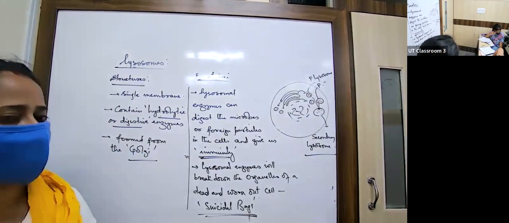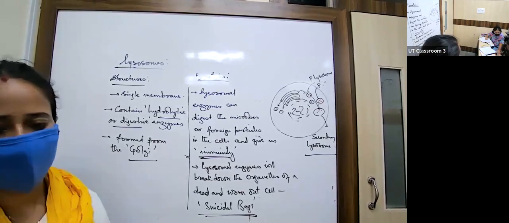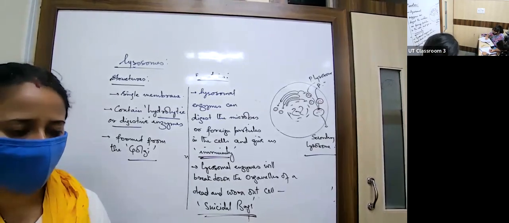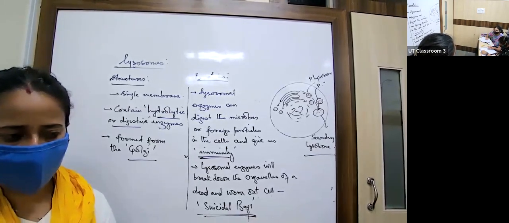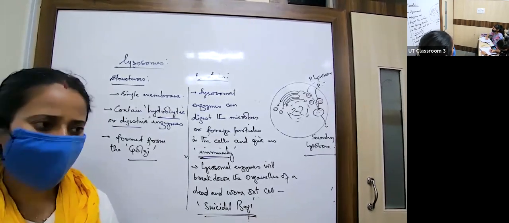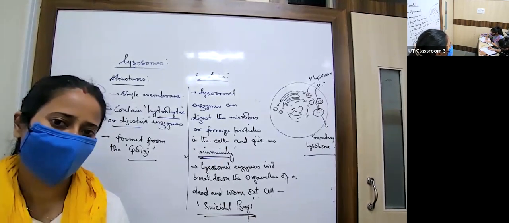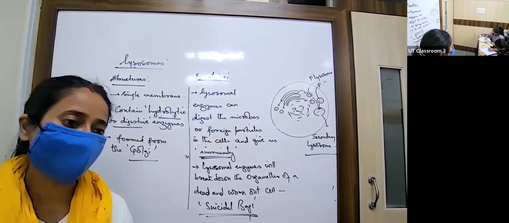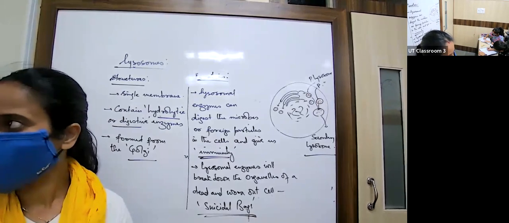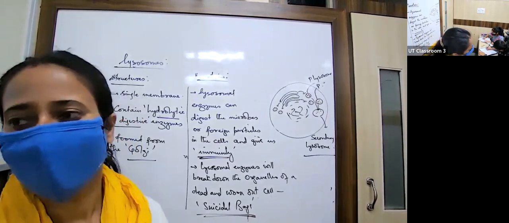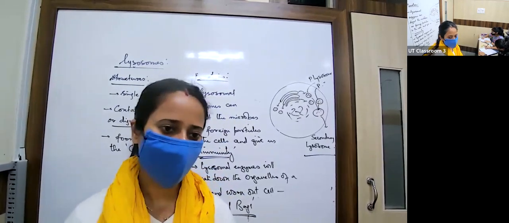Take 2 questions as homework and we'll continue again next class. Number 1: What type of chemical secretions does the Golgi produce?